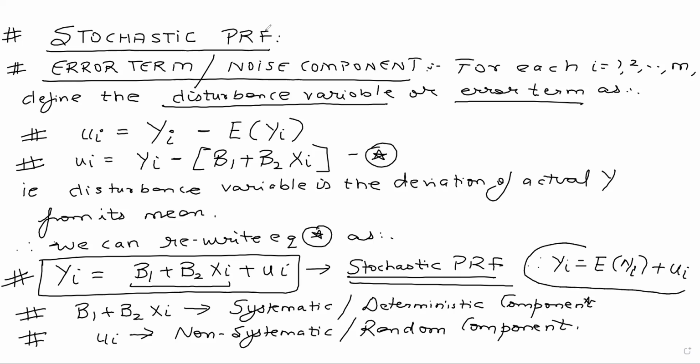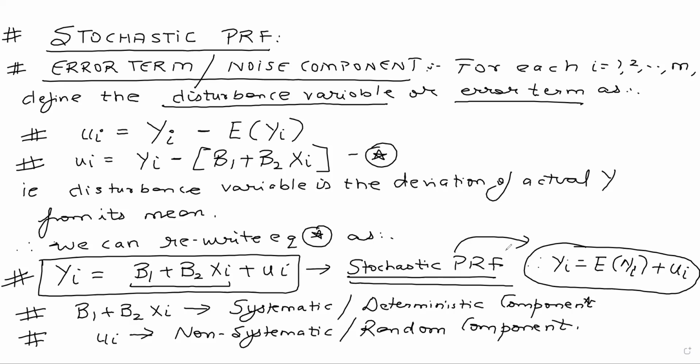I can write my stochastic population regression function as yi is equal to expected value of yi plus ui. Understand this: ui is also stochastic, because ui itself has a probability distribution attached to it.